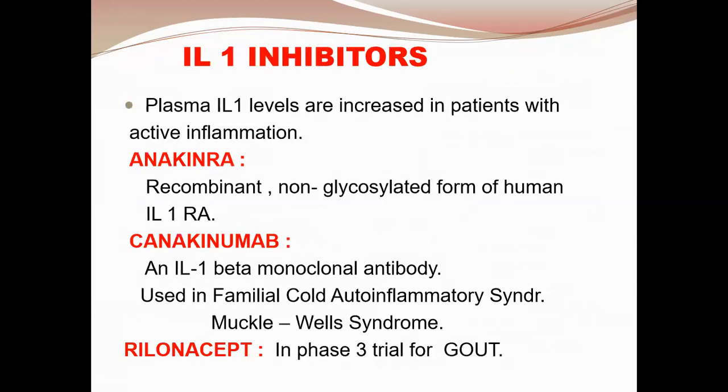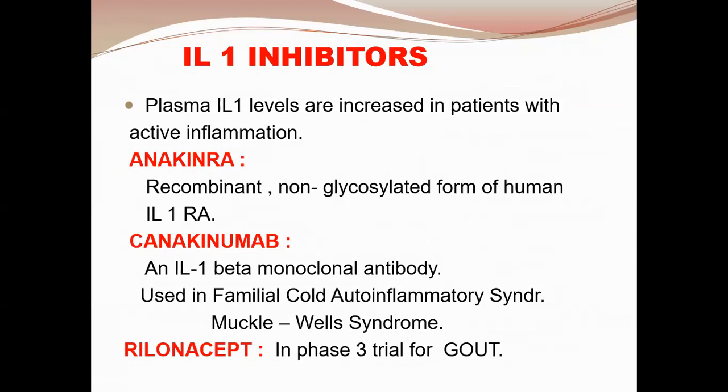Adalimumab is a recombinant human IgG1 created by phage display. Now we have the IL-1 inhibitors, interleukin-1 inhibitors, that is, plasma interleukin-1 levels are increased in patients with active inflammation. And the drug which acts by inhibiting interleukin-1 is anakinra. This anakinra is a recombinant non-glycosylated form of human interleukin-1 receptor antagonist.